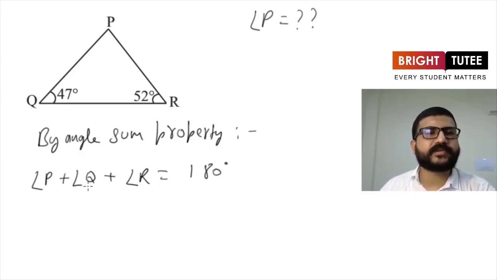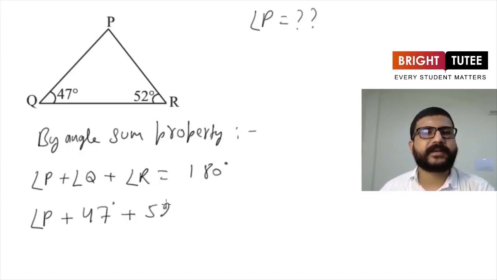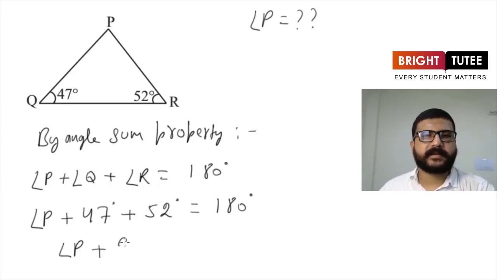So let's just put the values of angle Q and angle R here. So this will give us angle P plus 47 degrees plus 52 degrees is equal to 180 degrees. Now from here, by simplifying this, we will get angle P plus 99 degrees is equal to 180 degrees.